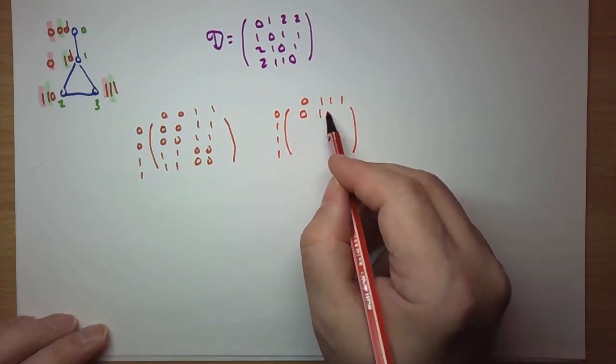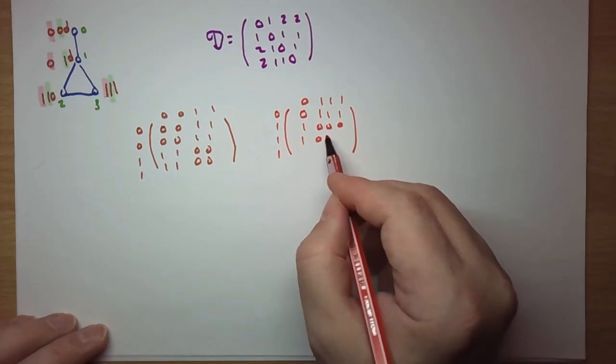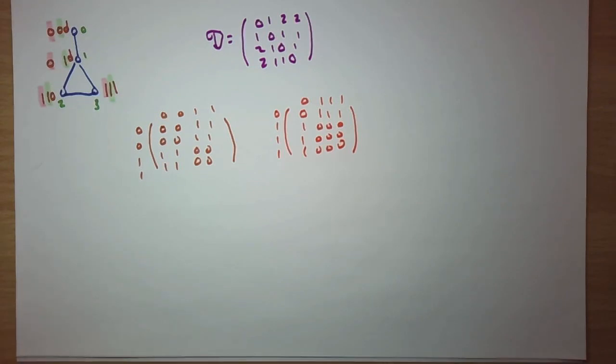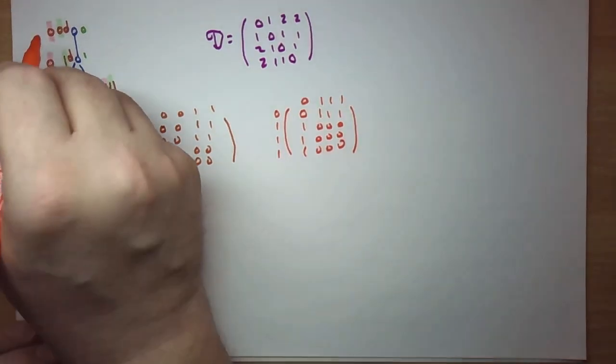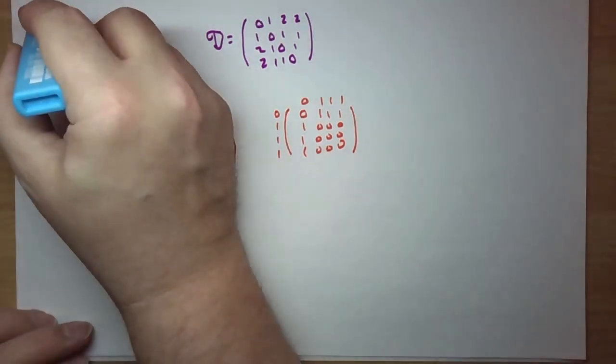So it will look like 0, 1, 1, 1, and then 1, 0, 0, 0, 0, 0, 0. Okay, so there's our second matrix. That corresponds to our second entry. Now, one more matrix. And well, maybe I have a highlighter that's different enough. Yeah. Here we go.